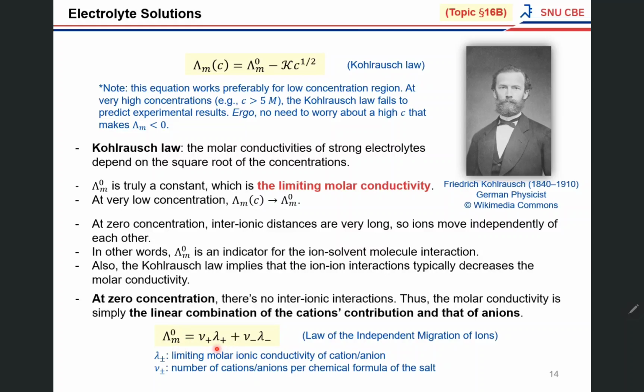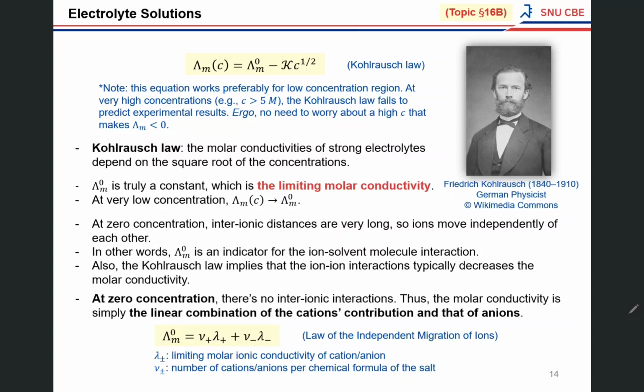Here, the small lambda plus minus is called the limiting molar ionic conductivity of cation and anion. And here nu is the number of cations or anions per chemical formula of the salt. For example, with NaCl, one NaCl will make one sodium cation and one chloride anion, so nu plus minus in that case are just 1.